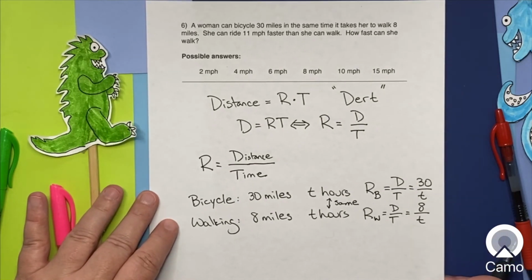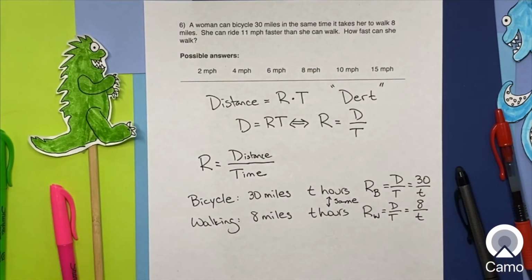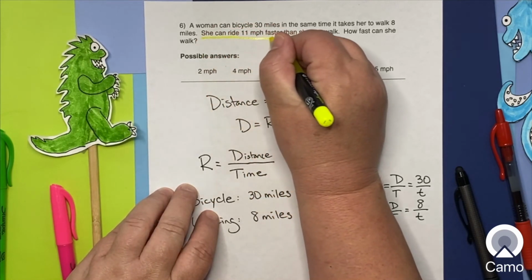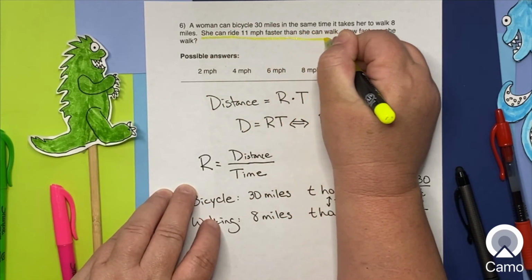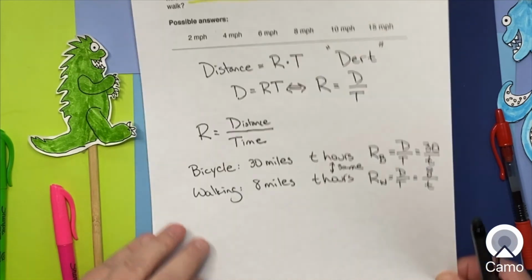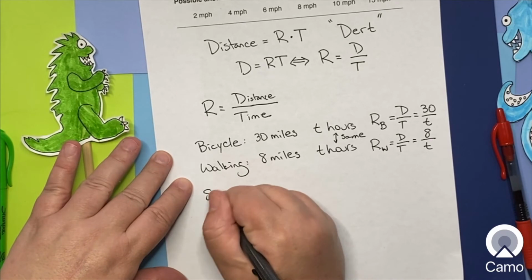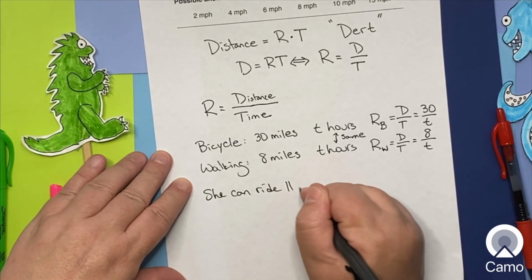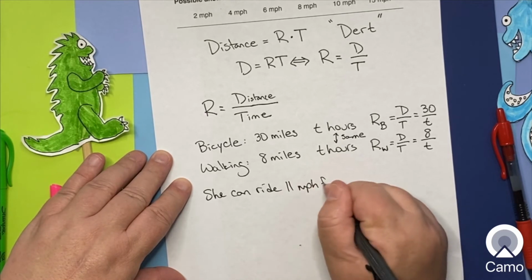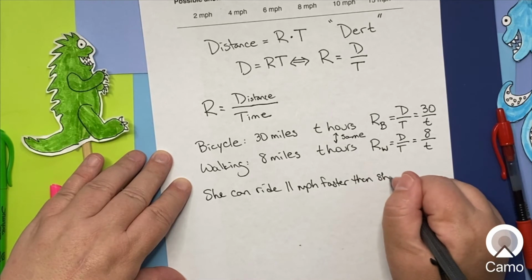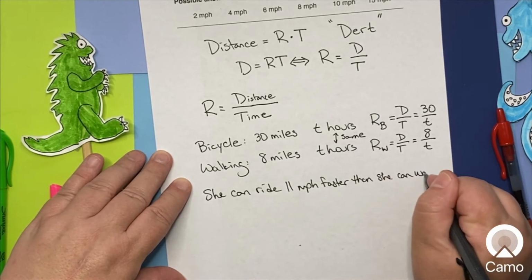Okay, well, let's come back over here, and we see she can ride 11 miles per hour faster than she can walk. I'm going to write it down here. She can ride 11 miles per hour faster than she can walk.